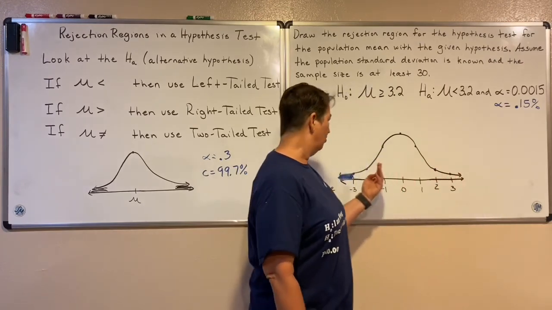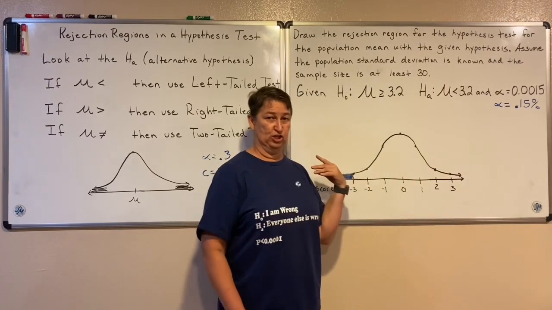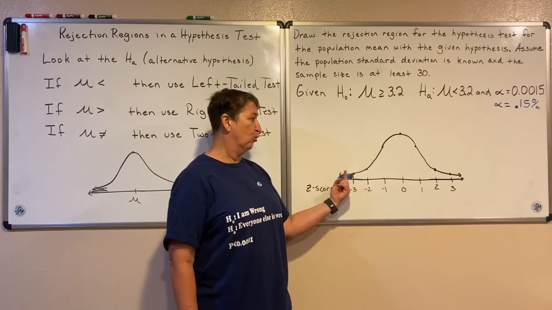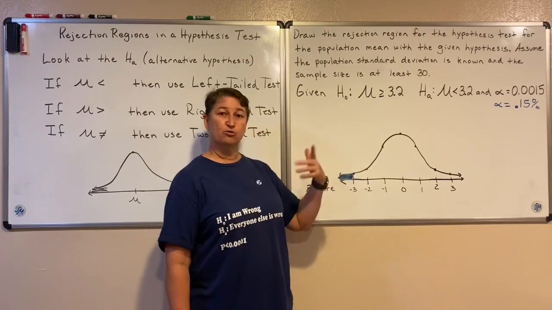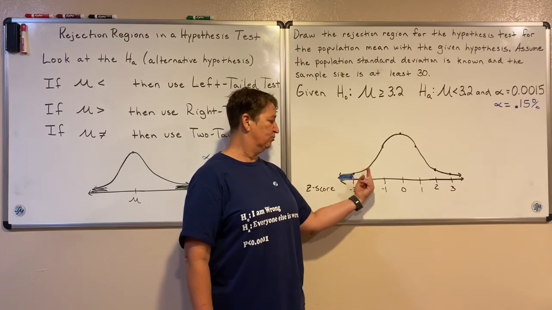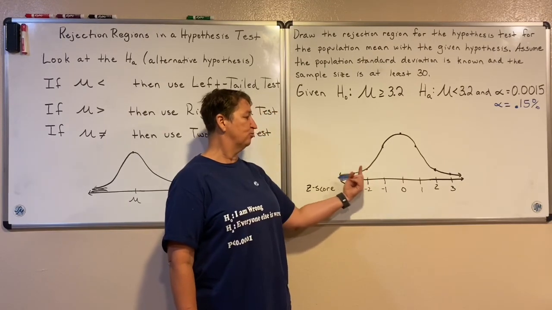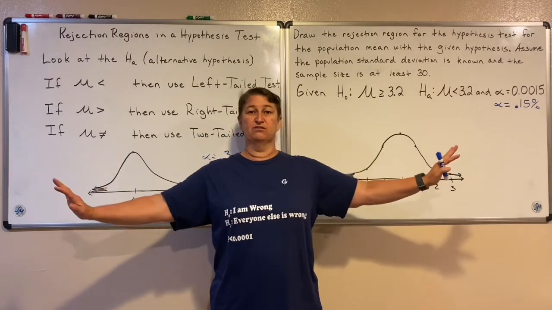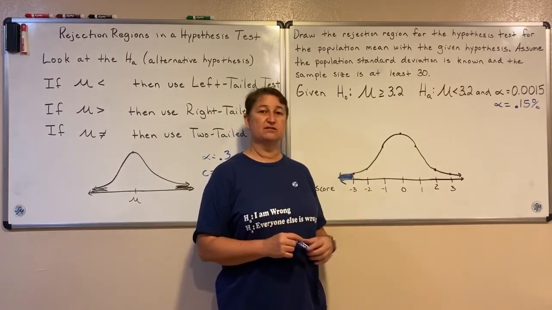How far out is that rejection region? And I'm looking for that probability. So in this case, 0.15. In the example before that, it was 0.25 or 2.5%. And then when I was dealing with both ends, I'm just doubling that.